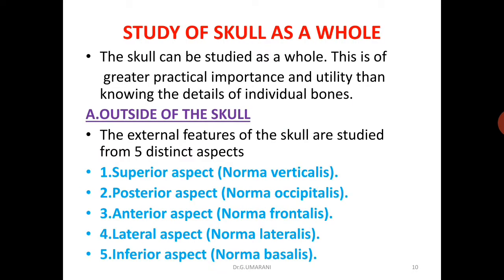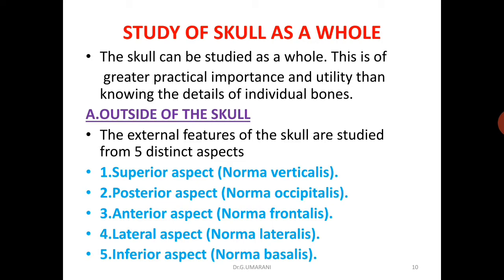Study of the skull as a whole. To read the skull in detail as a whole, there are 3 methods. One is the outside of the skull, second is the inside of the skull, third is to read in detail about the individual bones. The outside of the skull is of greater practical importance and utility than knowing the details of individual bones.